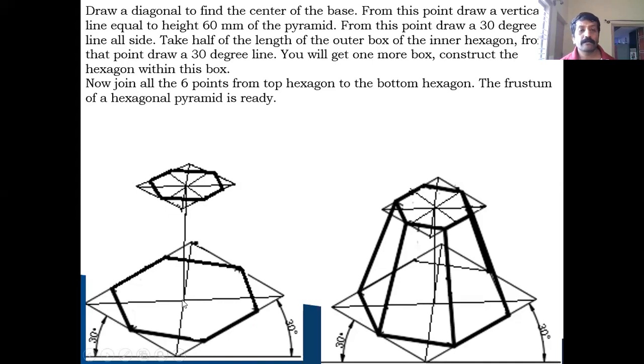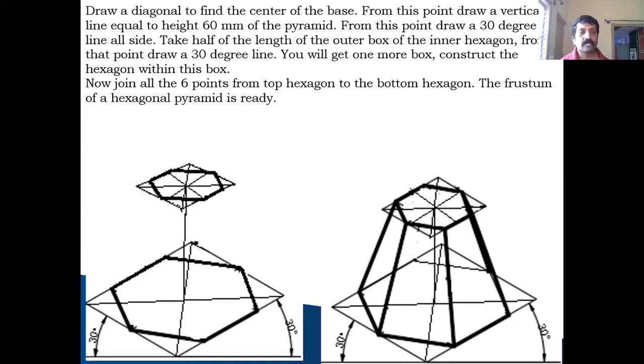From this center, let me draw a vertical line. On this vertical line, you take the height of your frustum of a hexagon pyramid. The height 60 millimeter is given. Convert that into isometric scale and cut it on the vertical line from the center of your base box. So I am getting it here.